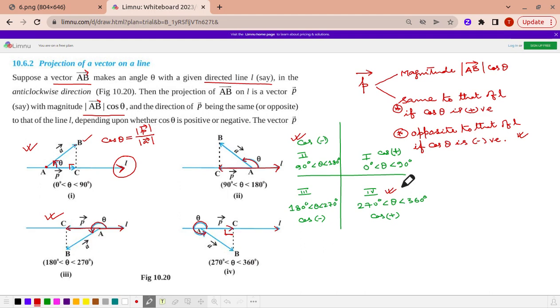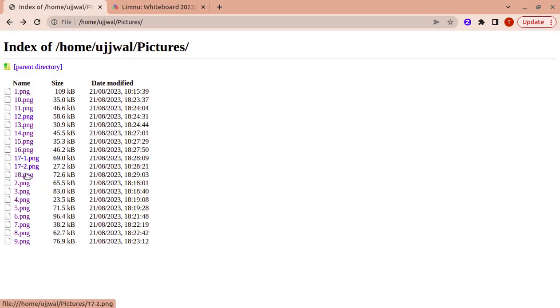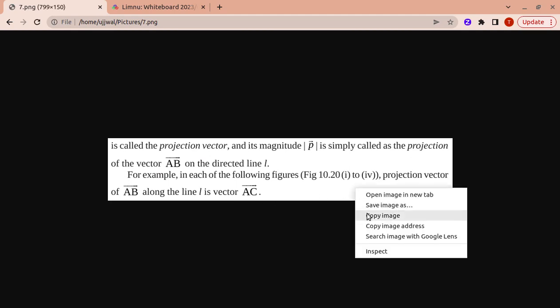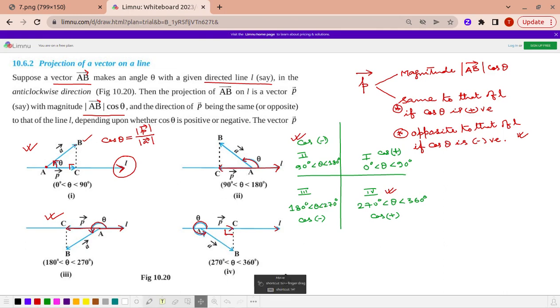Okay. So I hope you got a very clear idea about the projection of a vector on a line, and let's now proceed to the next point, dear students. What is this vector P called? That vector P is known as a projection vector.